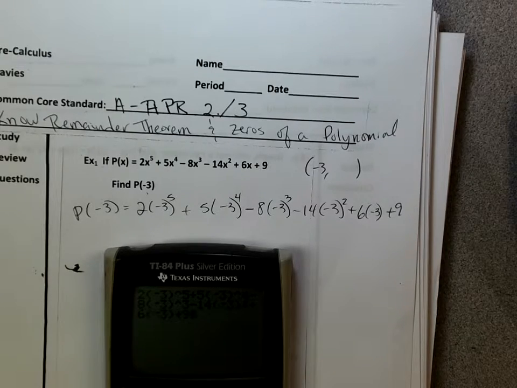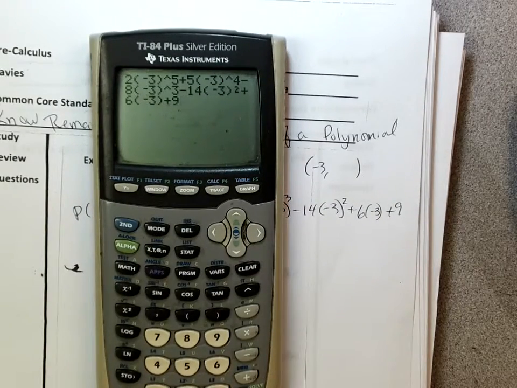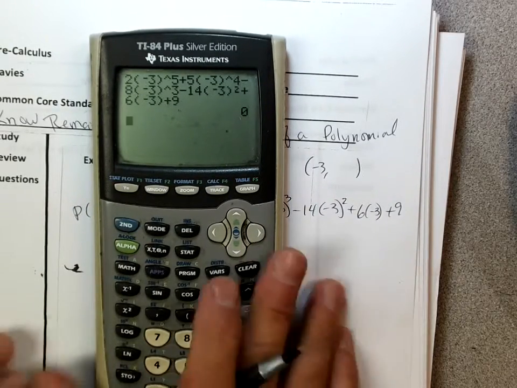Okay, so I put the whole thing in the calculator. Let the calculator do the work. For crying out loud, let me show you what I've got so you can see it. Okay, I've got it all in the calculator, right? Enter. I get an answer of 0, okay?